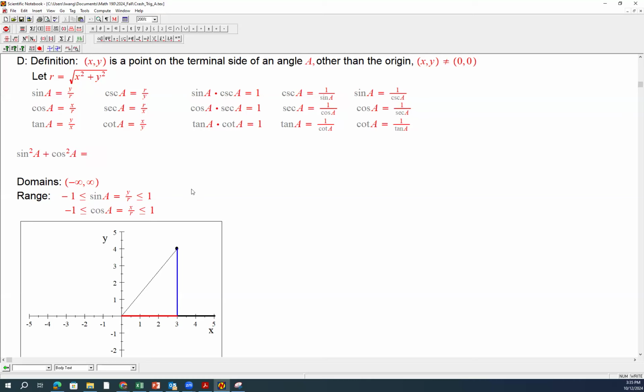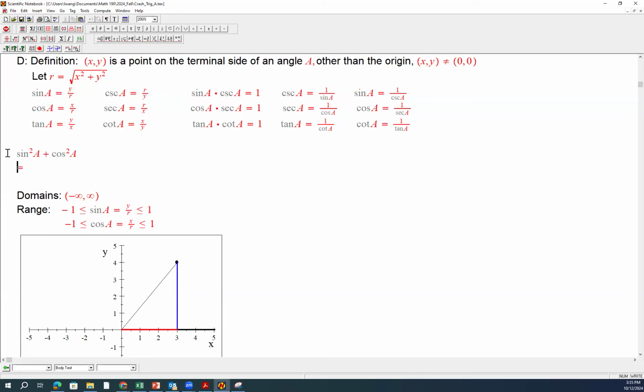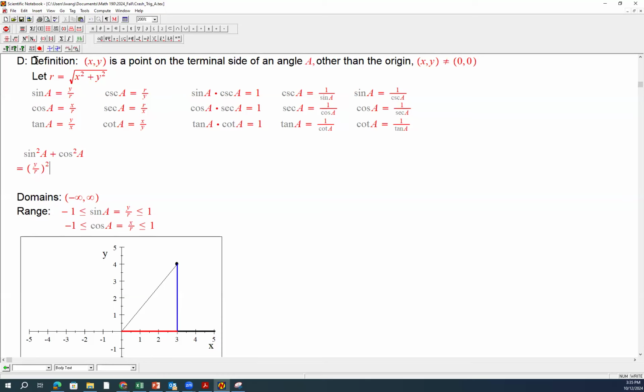What would that be? Okay, we know sine of A is equal to, so we're going to do a direct substitution. Sine squared of A basically is (y over r) squared. And another one, cosine of A, is going to be equal to (x over r) squared.